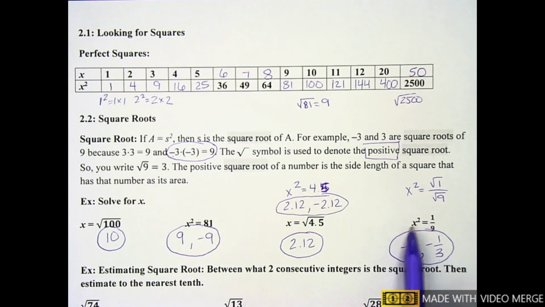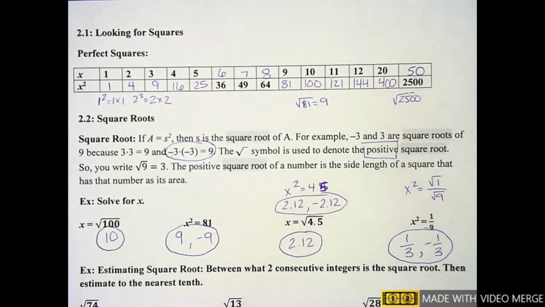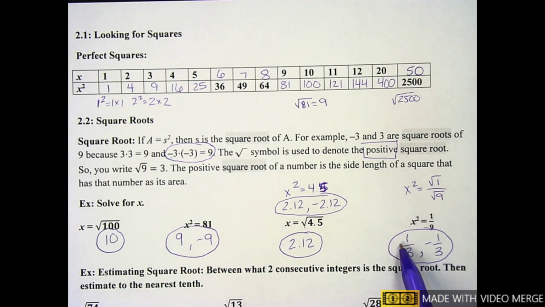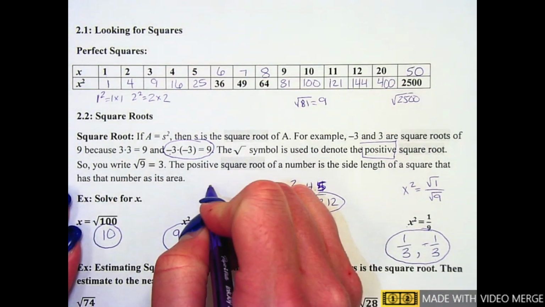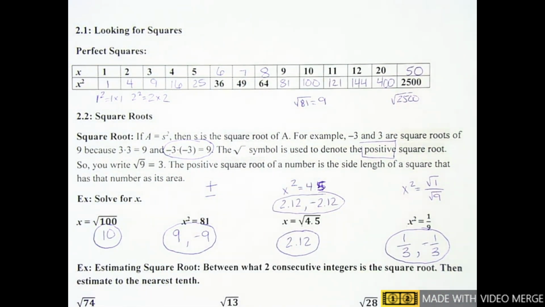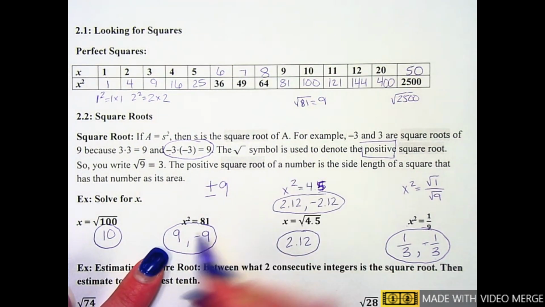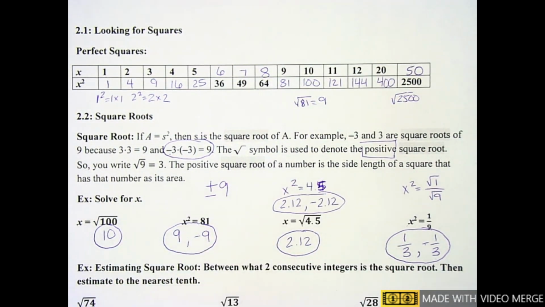Negative times a negative will also result in my positive. So if it's under the square root, I only have to write 1/3. If it's something squared though, I do need to write the positive and the negative. Sometimes you'll see it as a plus with a minus sign underneath it. That works as well. So I could say plus or minus instead of writing out both of them.